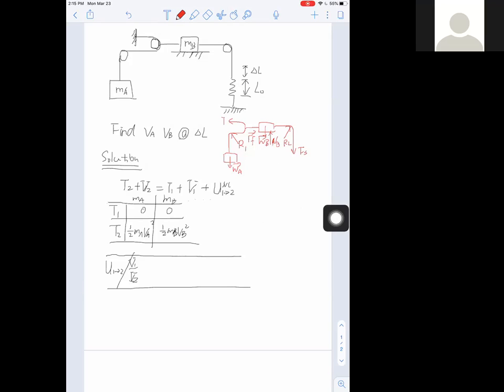Okay. Now we can start to fill up our table with the work or potential done by each force. So let's start with R1, which is a reaction force. What's the work done by R1?